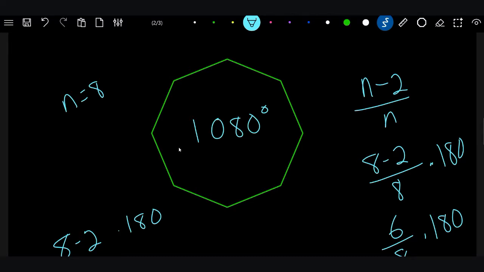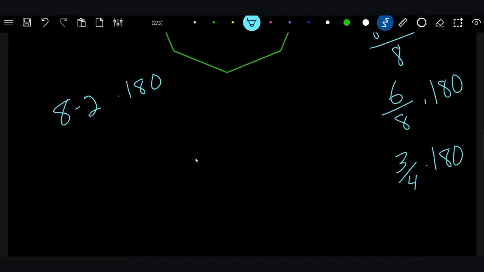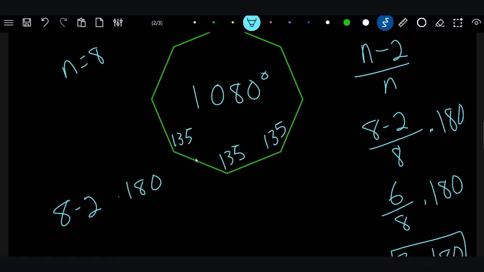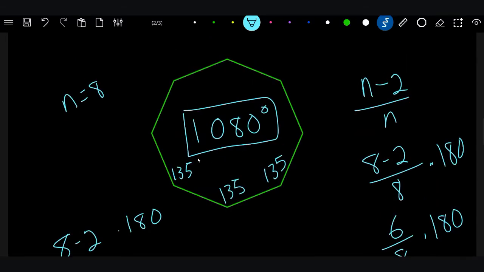Each angle, we figured that out when we did this. Each angle had 135. So each of the 8 angles has 135. When I add up all the 135s, I get to 1080 total in the octagon.